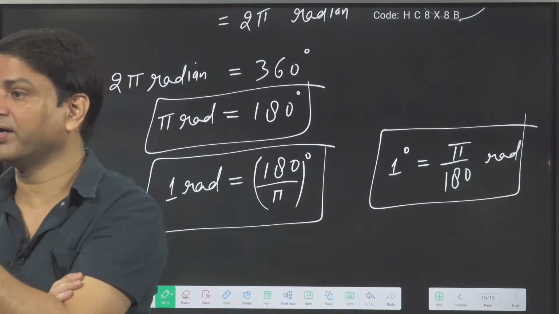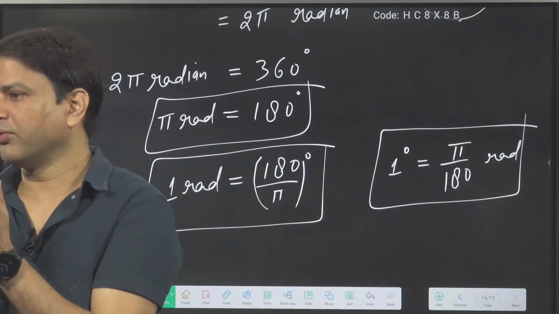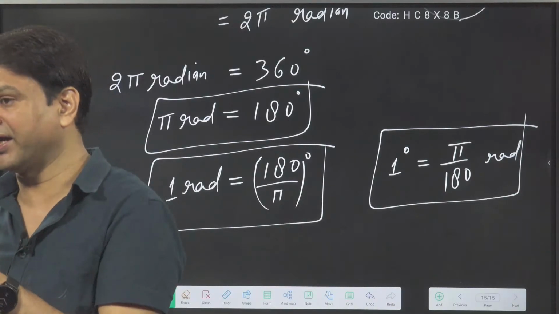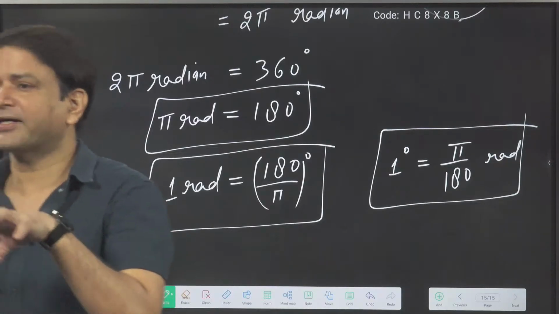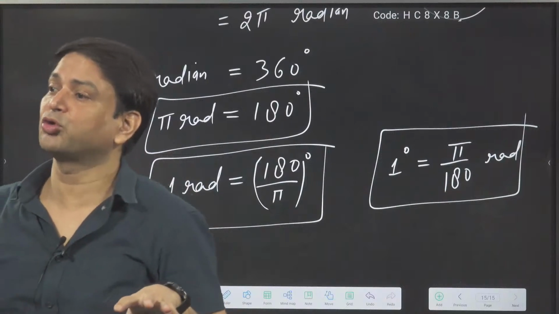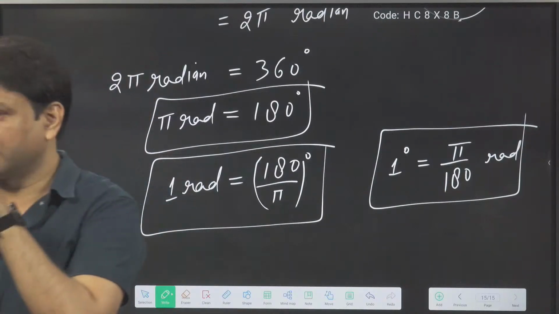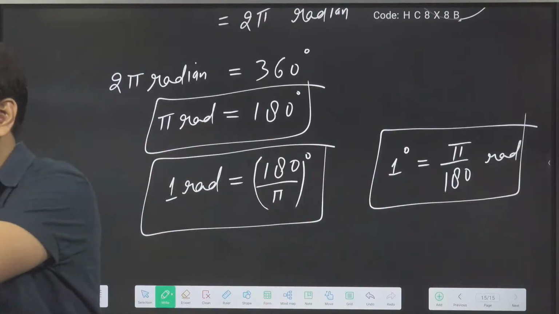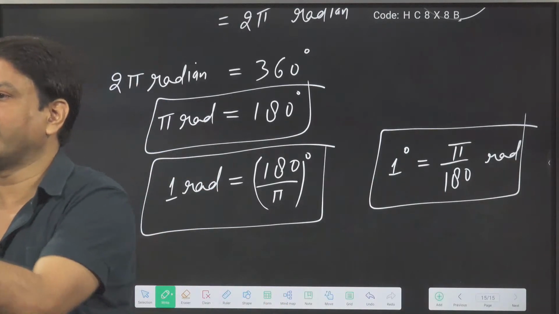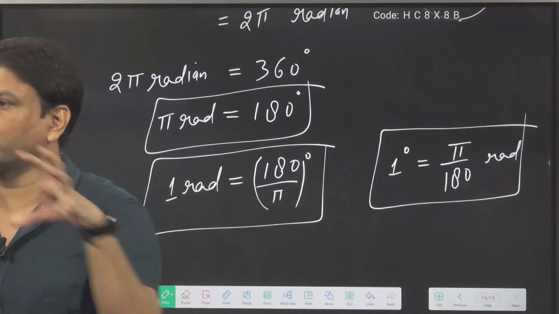So please clarify. So what I'm saying, 180 is more. So what we can remember, when you are converting the degree into radian, degree magnitude is more, radian magnitude is less, because degree is 180 and radian magnitude is pi. So when you are converting the degree into radian, from more magnitude to less magnitude, you will multiply that angle with pi by 180, because you are going from more magnitude to less magnitude.